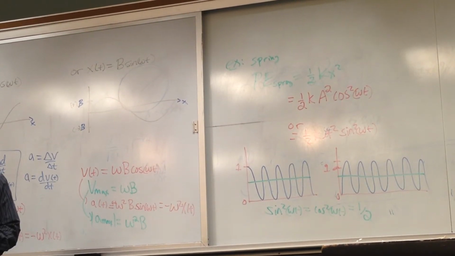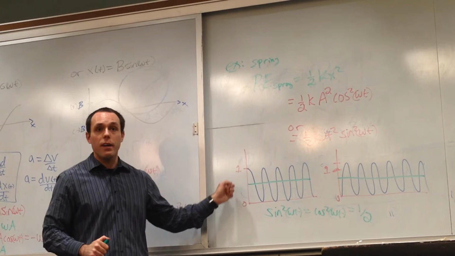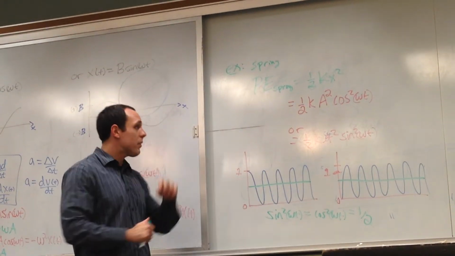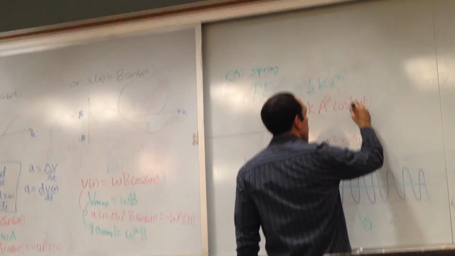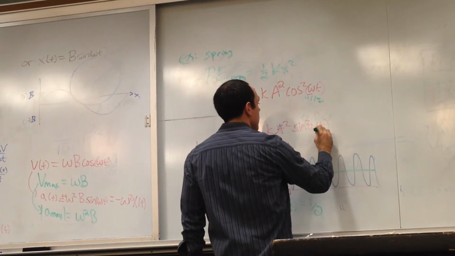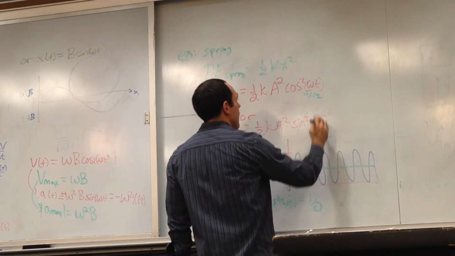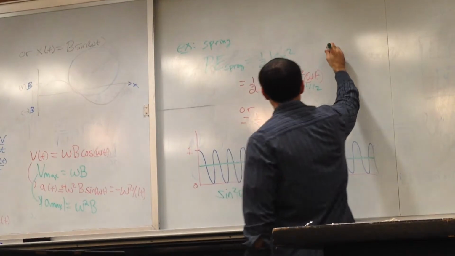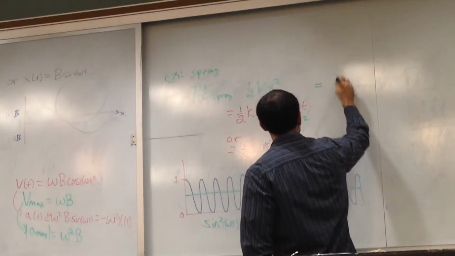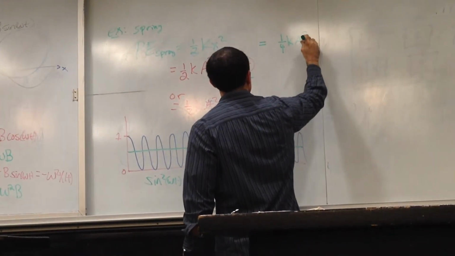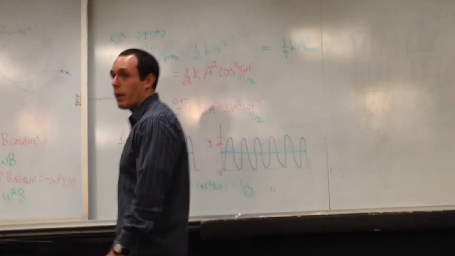That's what it's equal to. And notice it's bound between 0 and 1. And thus, if we look back here, this is equal to 1/2, and this is equal to 1/2. And that's why for both of them you would get that this is just going to be equal to 1/4 k, the maximum amplitude squared.